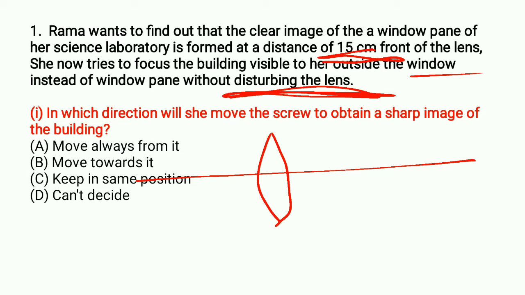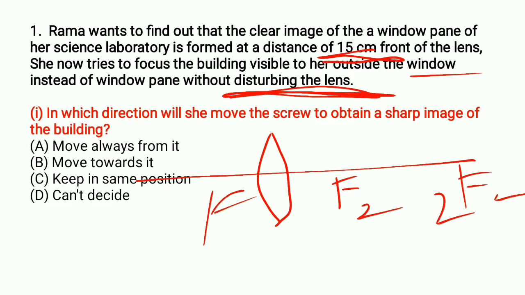And here we have the positions. Depending on the position of the object, the image is going to form. For example, if the object is at infinity, the image is going to form at focus. And if you keep the object beyond the center of curvature, the image will form between F2 and 2F2.